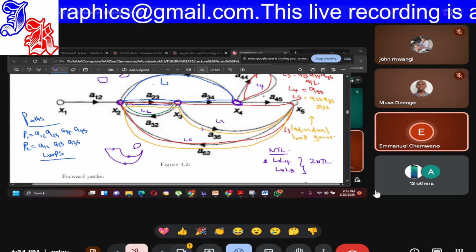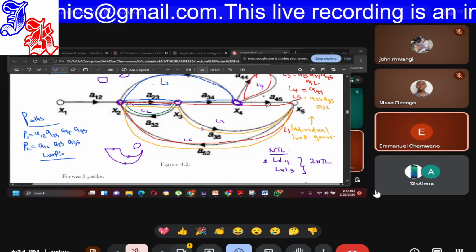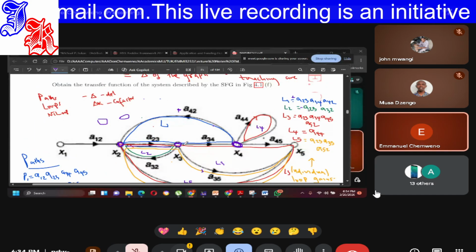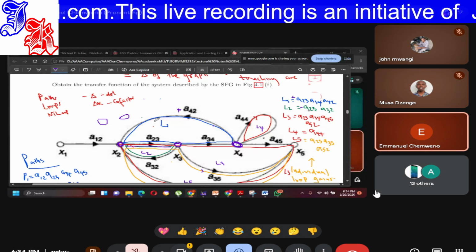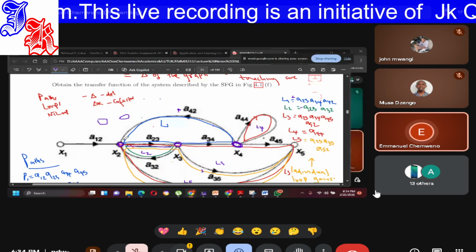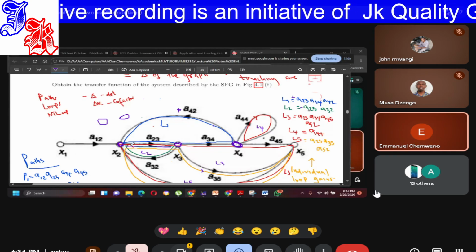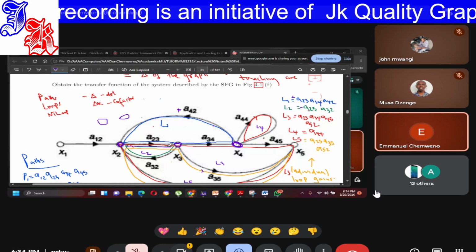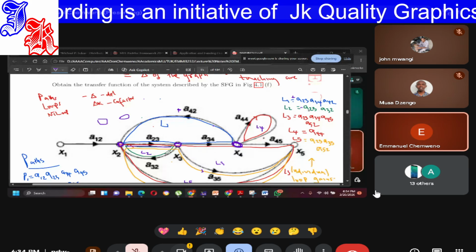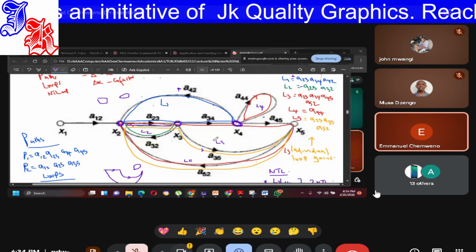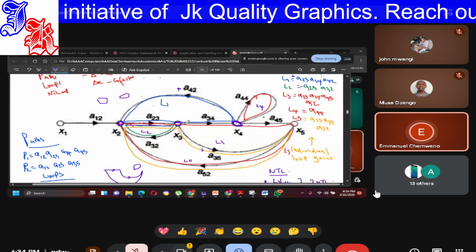Path 1 is a straight line. So, loop 1. This loop 1, they share this node and this node and this node with path 1. Loop 2, they share this node and this node with path 1. Loop 3 is this one, the straight line completely.